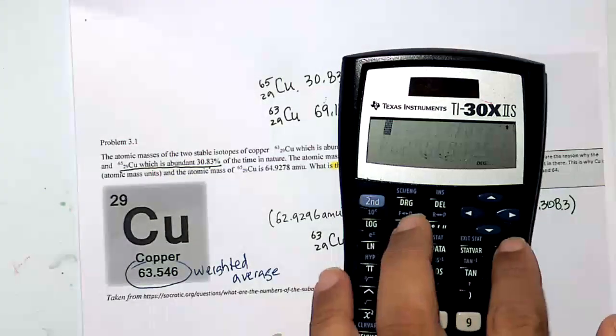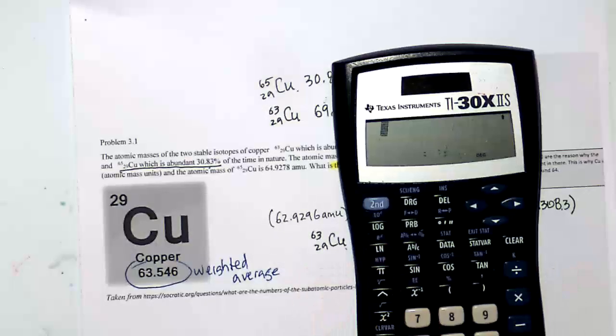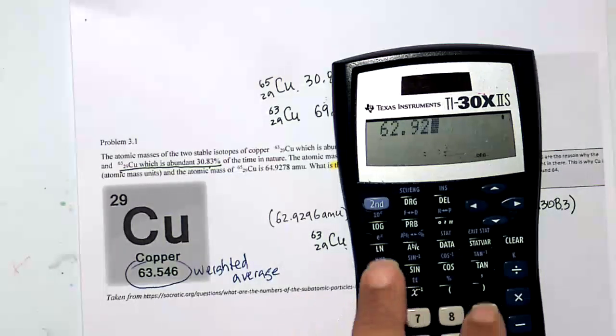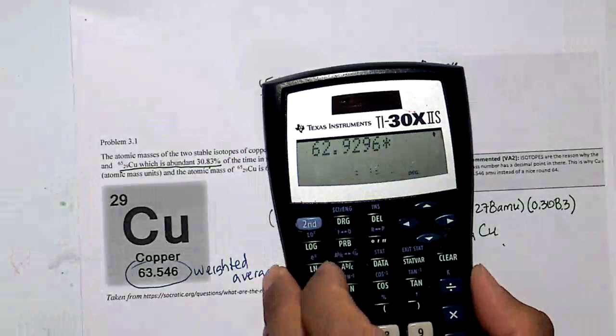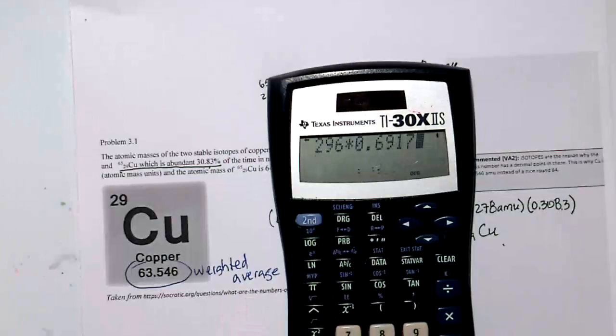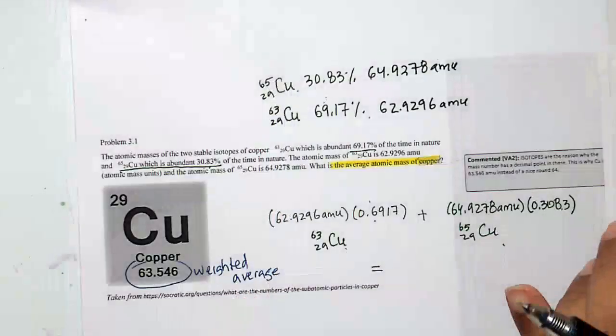So 62.9296 times 0.6917 is 43.528, something like that.